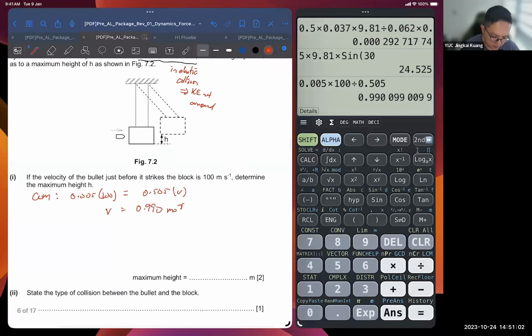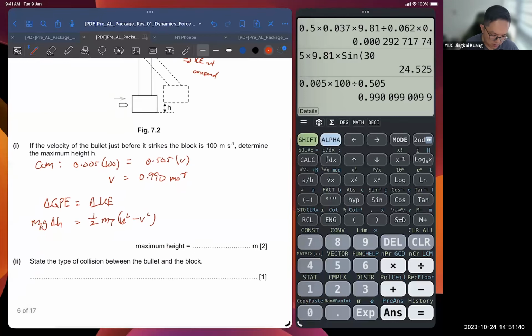Then find maximum height. Now this block and bullet has KE, so KE will cause it to swing up and gain height. Gain height, you will gain GPE. So that means change in GPE is equal to change in KE. So you can do m g delta h, the combined m, m total, is equal to half m total times u squared minus v squared.